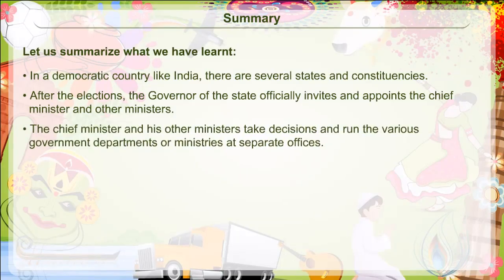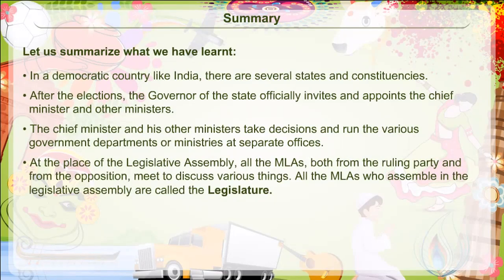The Chief Minister and his other ministers take decisions and run the various government departments or ministries at separate offices. At the place of the Legislative Assembly, all the MLAs, both from the ruling party and from the opposition, meet to discuss various things. All the MLAs who assemble in the Legislative Assembly are called the legislature.